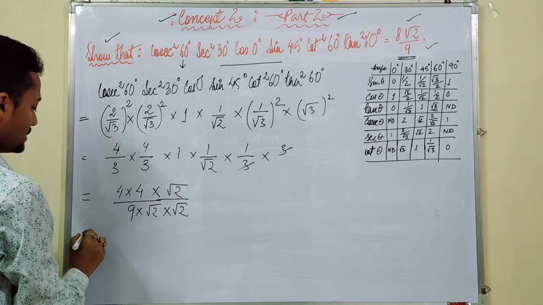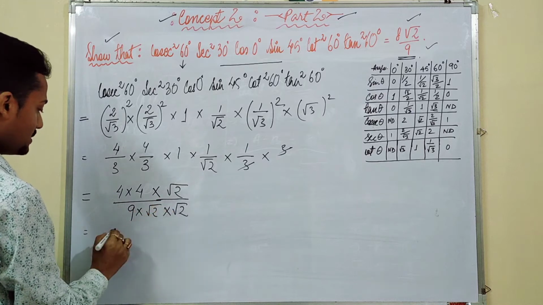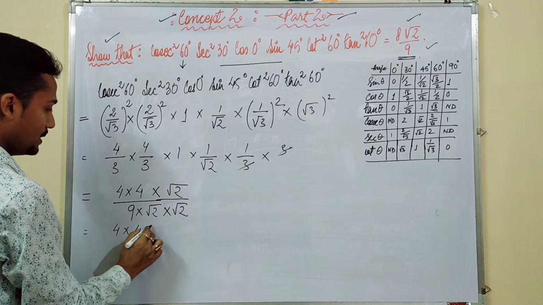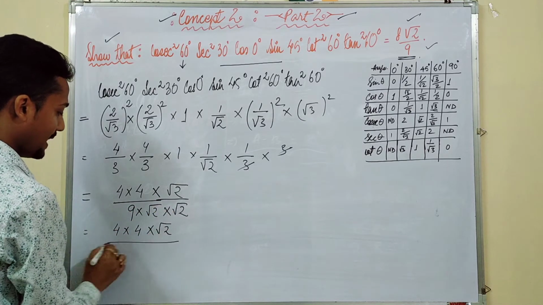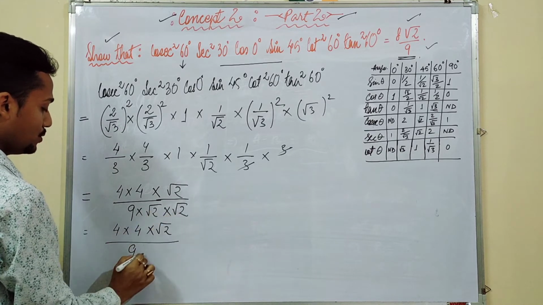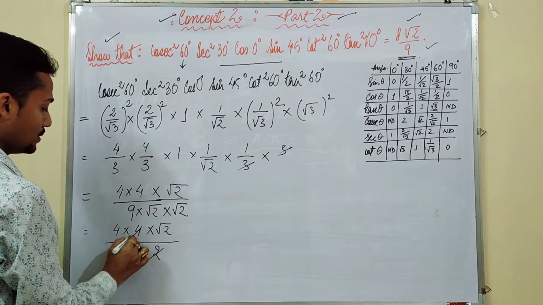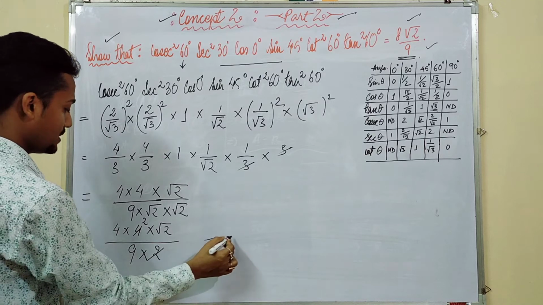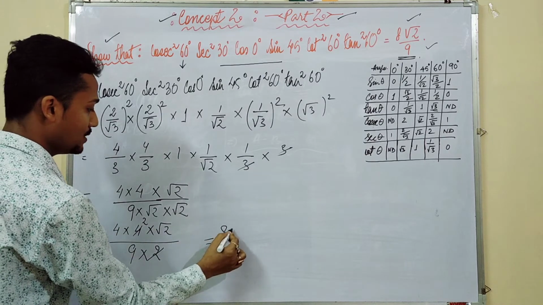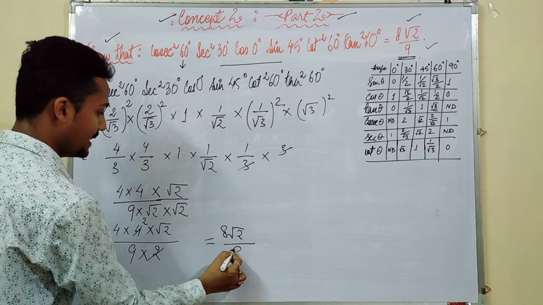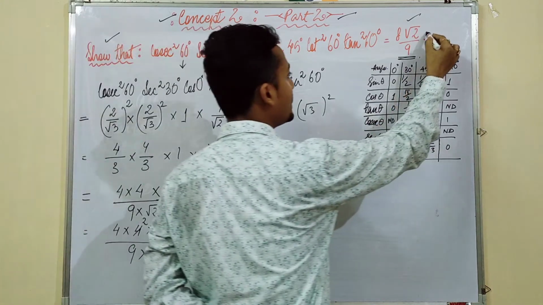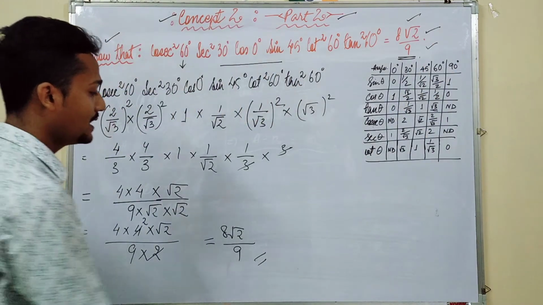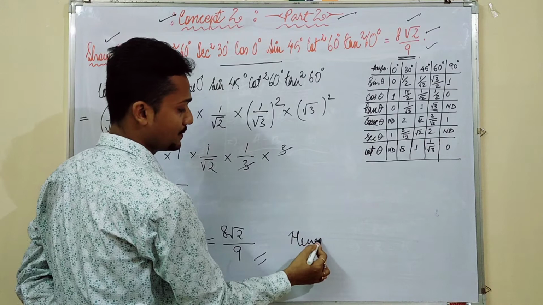So it will be 4 into 4 into root 2 by 9 into root 2 into root 2, so the 2 will be cancelled. 4 2s are 8 root 2 by 9. Have we got the required value? Isn't it? Hence proved.